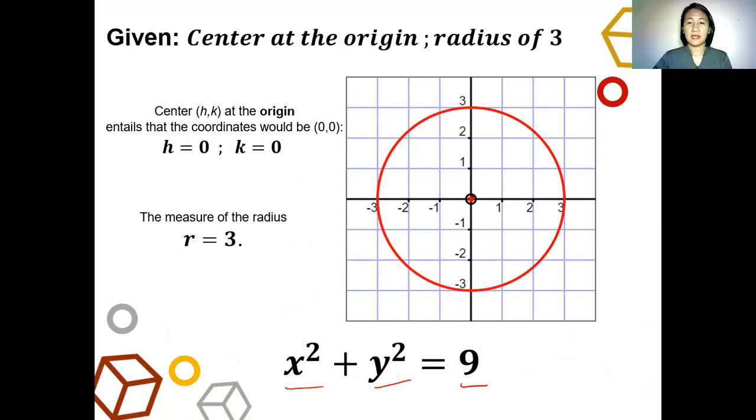Just from the center, you count 3 units from it. So 1, 2, 3. Since you have 3 units, you mark all these 3 units around the circle. You may use a compass if you have one, or you may also use a string, to make the circle. So that gives us the graph of the circle.